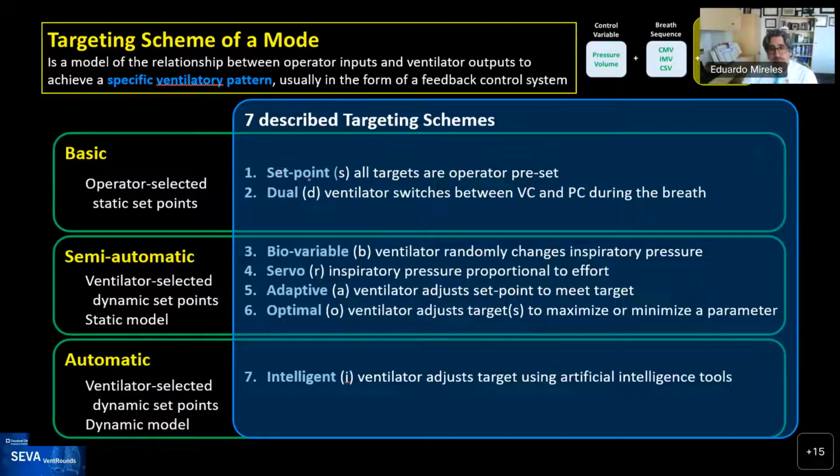entries. So if it's set point, essentially that will be volume control or pressure control, where you have to tell how long is the I time, how fast is the rate, what is the inspiratory pressure and whatnot, to dual, biovariable, servo, adaptive, optimal, and the one that is essentially automatic, in which you just enter the height and the target minute ventilation for the patient, and then it will adjust several parameters and all the settings on the ventilator using artificial intelligence tools, is what we call intelligent.